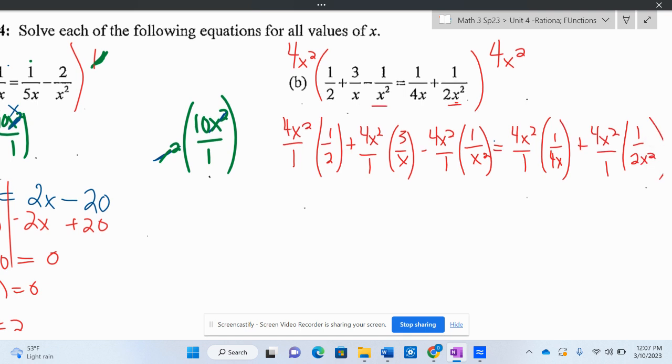It is genuinely my hope that you guys don't have to do that with every single problem. I'm hoping that you are going to get to where you can just cross reduce, okay?